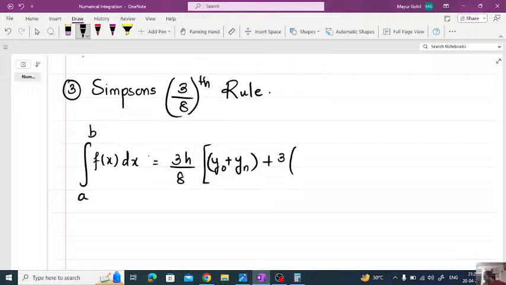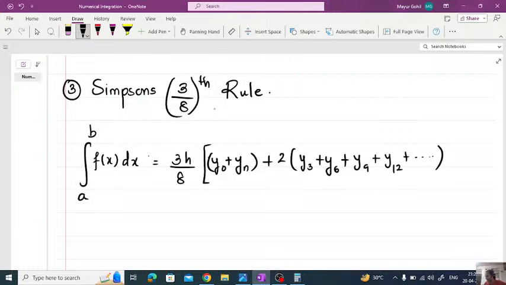First you take 2 times the multiples of 3. Multiples of 3 are going to be y3, y6, y9, y12, and so on.